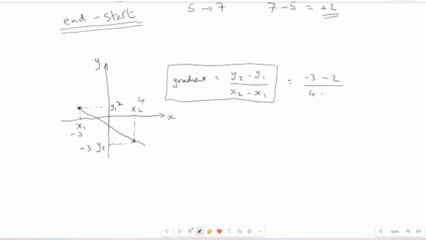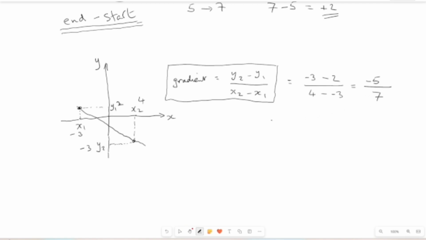Then we've got the minus, and then we need our x1, and that's -3. So on the top we've got -3 minus 2, and that gives us -5. On the bottom we've got 4 minus -3. And when you subtract a negative number, it's the same as adding it, so that's 4 plus 3, which gives +7.